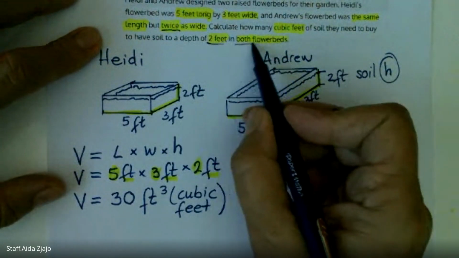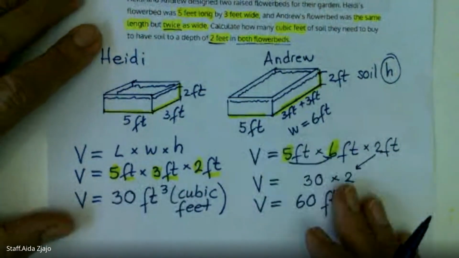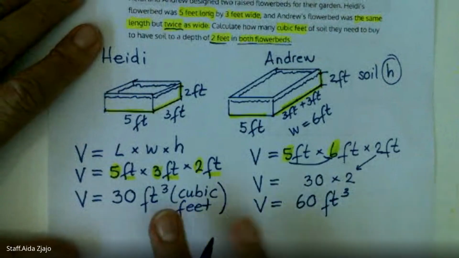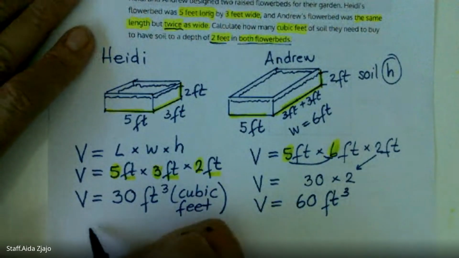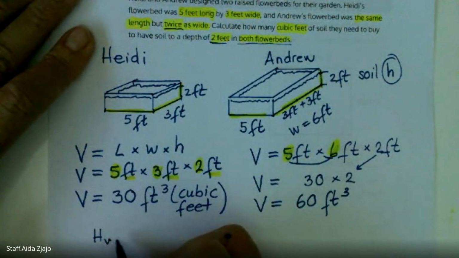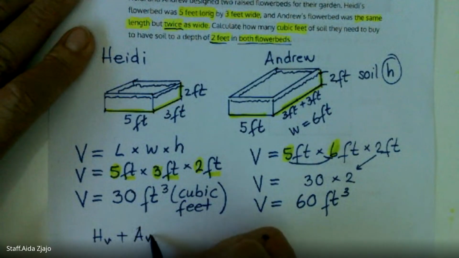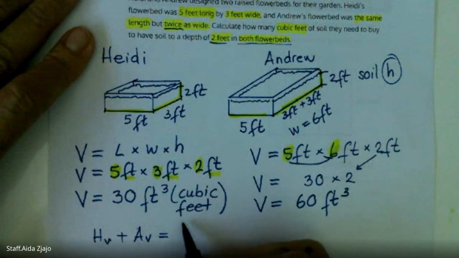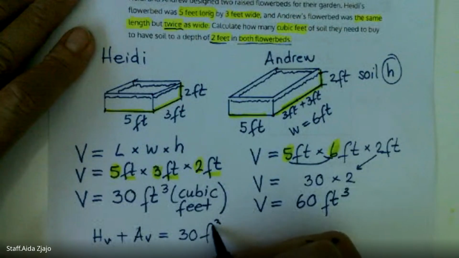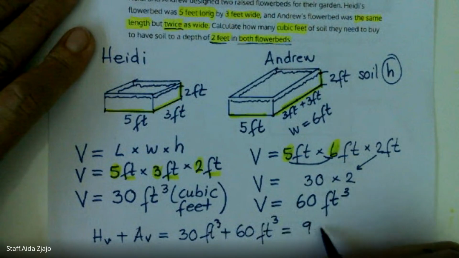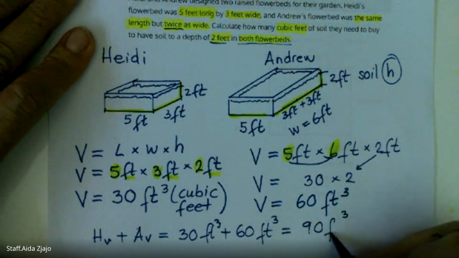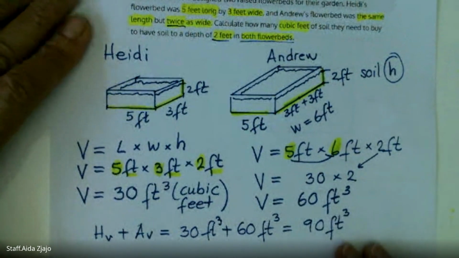This is a key: in both flower beds. So our answer has to be Heidi's plus Andrew's. Heidi's volume plus Andrew's volume equals the total, so that is 30 cubic feet plus 60 cubic feet equals 90 cubic feet of soil.